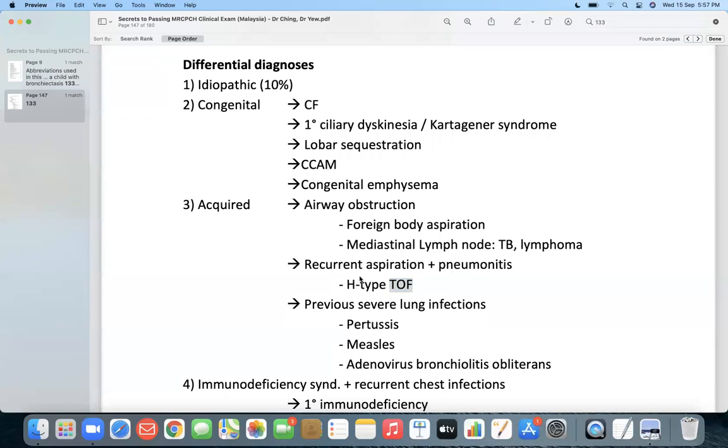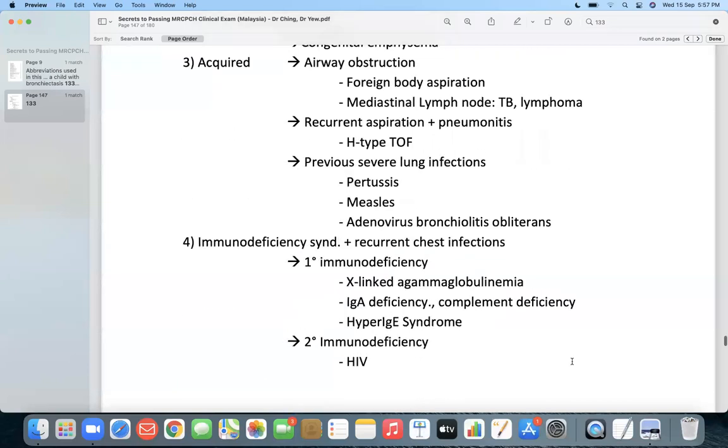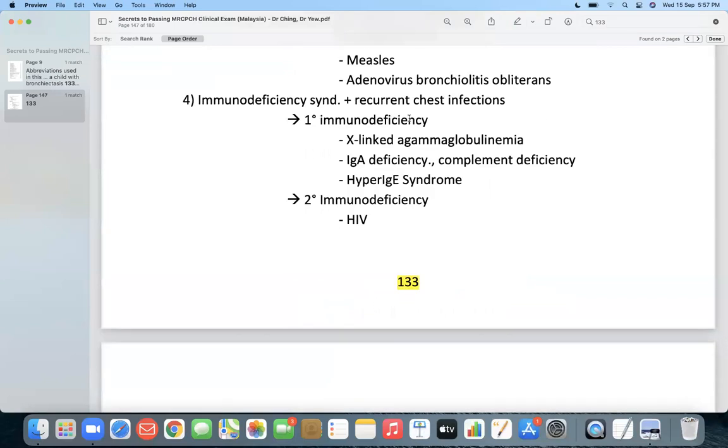When telling lung infections, say severe lung infections like pertussis, measles, and adenovirus, bronchiolitis obliterans. Next, immunodeficiency syndromes plus recurrent chest infections: primary immunodeficiency, X-linked agammaglobulinemia, IgA deficiency, complement deficiency, hyper IgE syndrome, secondary immunodeficiency like HIV.